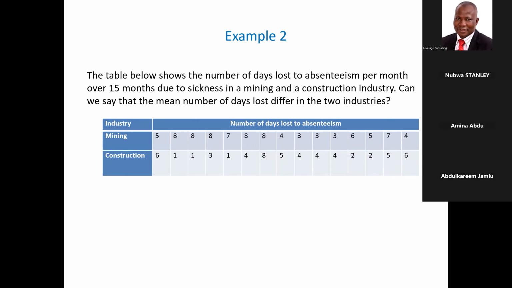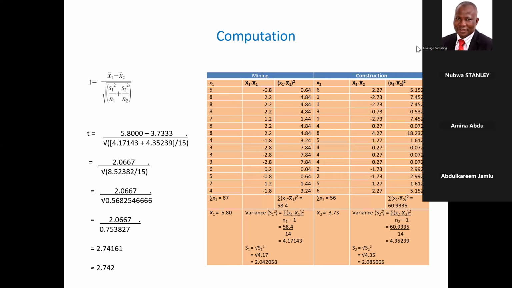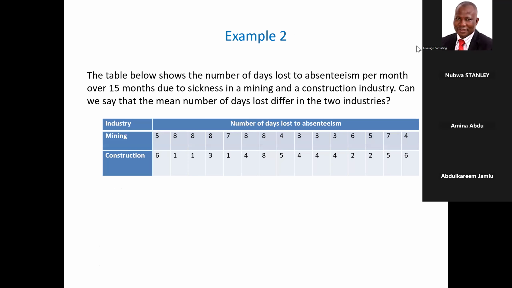For each of them you can calculate the average, the mean. So there are two groups. It's not like the one sample t-test where they give data for one and just give you the mean for the other. No, here you have the data for both groups. That's why it's a two independent sample t-test, and the samples were obtained from two different groups of people.